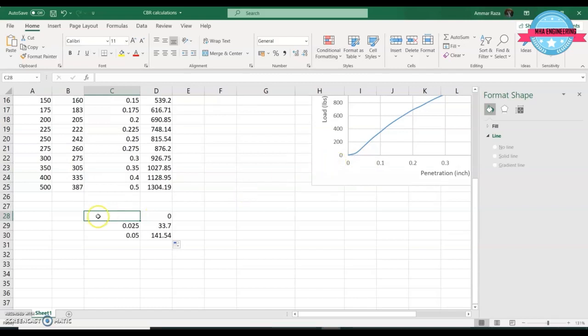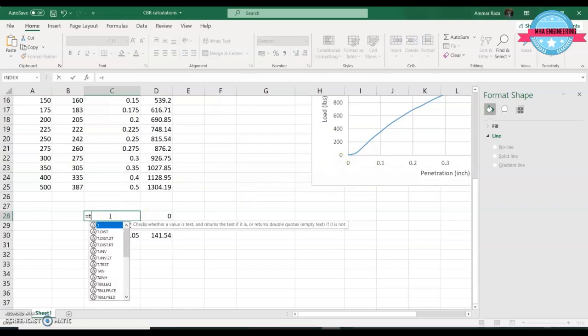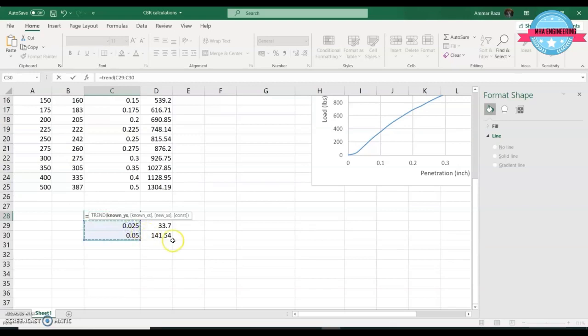So how we do that is that on Excel we can use a trend function with our known y's, and our value at which we want to find out is when y is equal to 0.